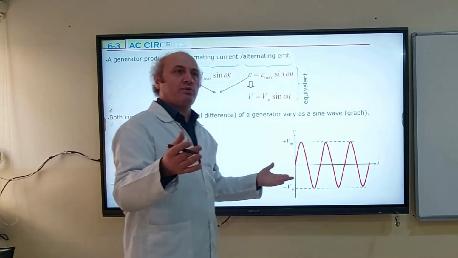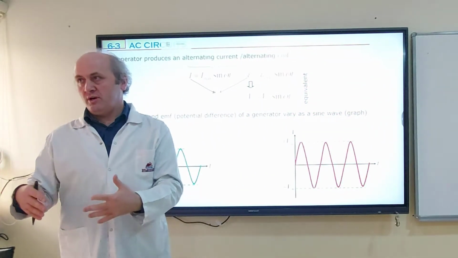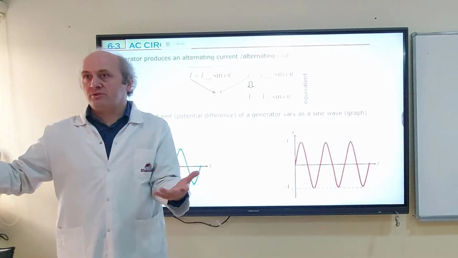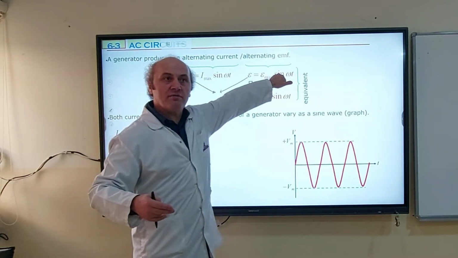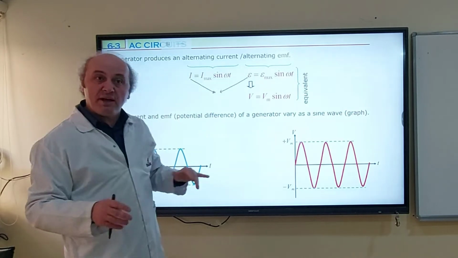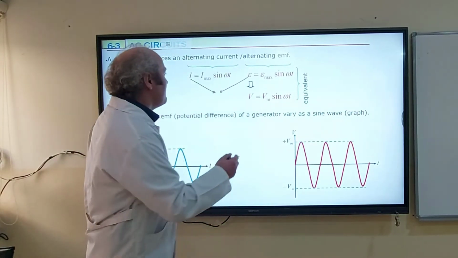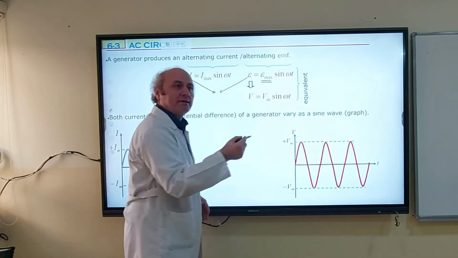And remember, there was this exam question in your book: which of the following changes as the current is induced? These values are changing, E as a function of sine, and I as a function of their instantaneous values. But for a generator, E max is a constant value.